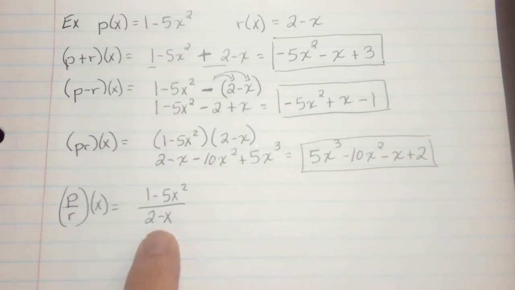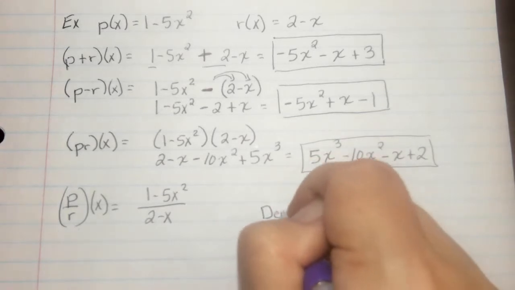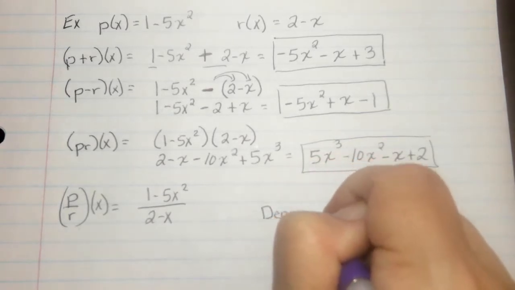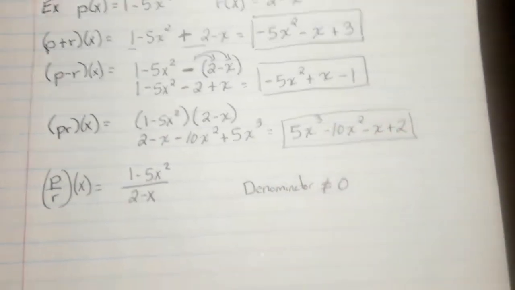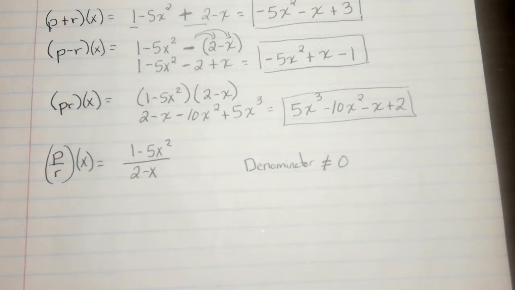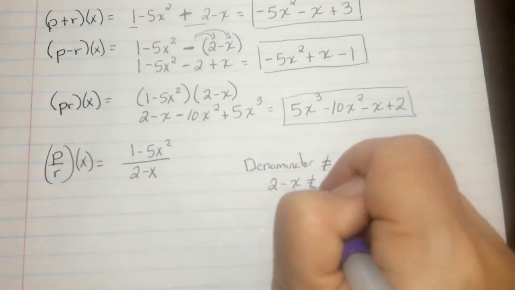But when this becomes the denominator, then we cannot divide by 0. So before I do anything else, I'm going to set my denominator not equal to 0. So 2 minus x cannot equal 0.